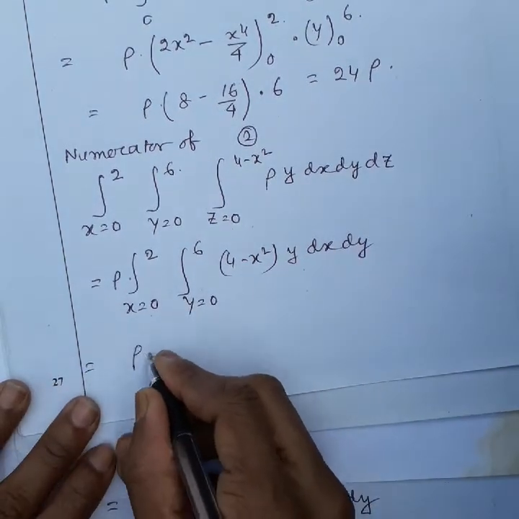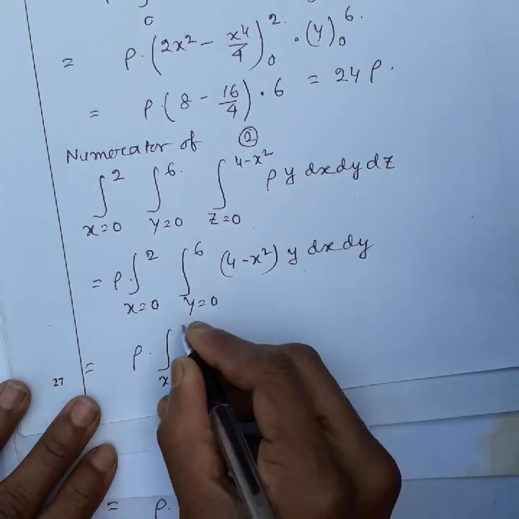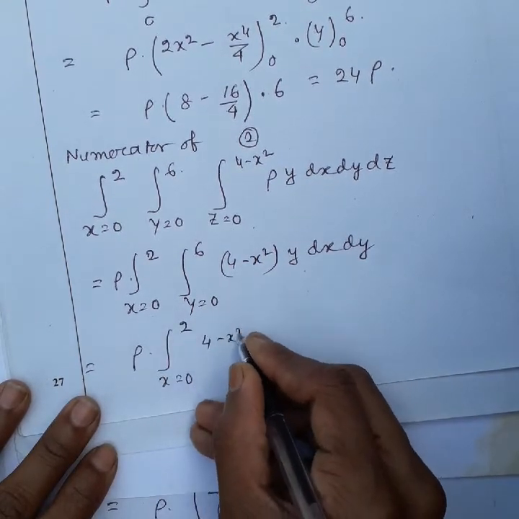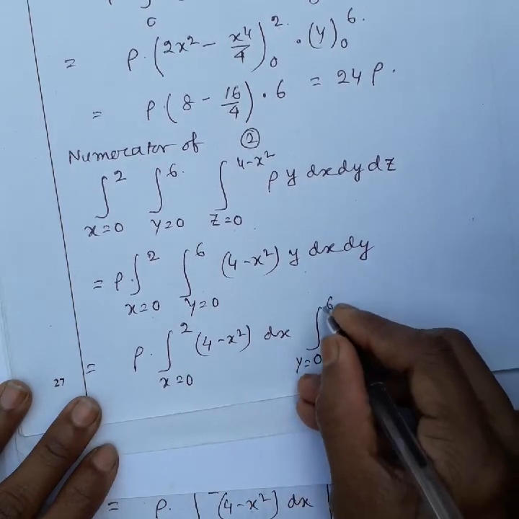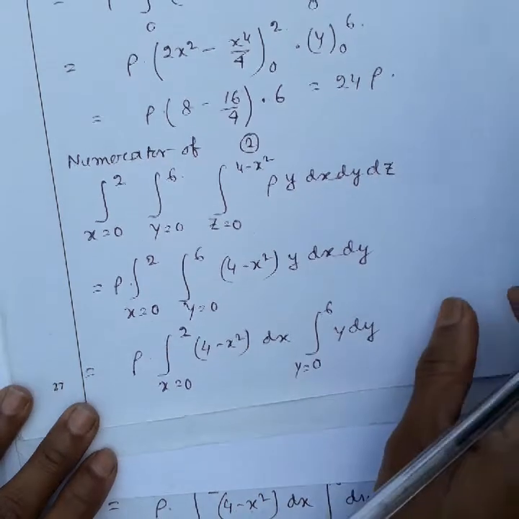Okay, so rho into the integration of x from 0 to 2 of 4 minus x square dx into the integration of y from 0 to 6, y dy.